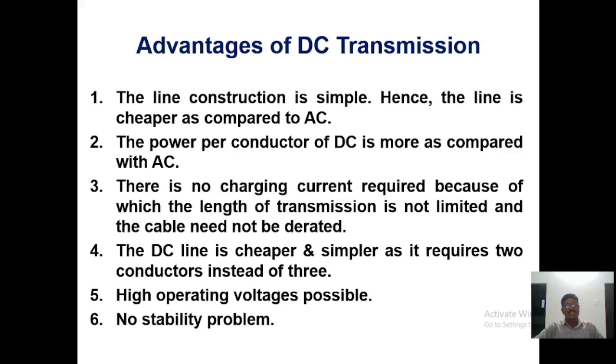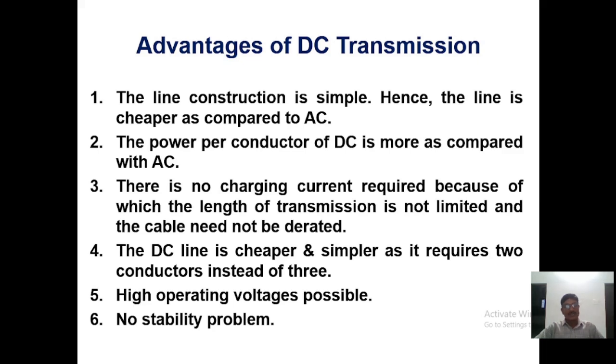There is no charging current required, because of which the length of transmission is not limited and the cable need not be derated. The DC line is cheaper and simpler as it requires 2 conductors instead of 3.